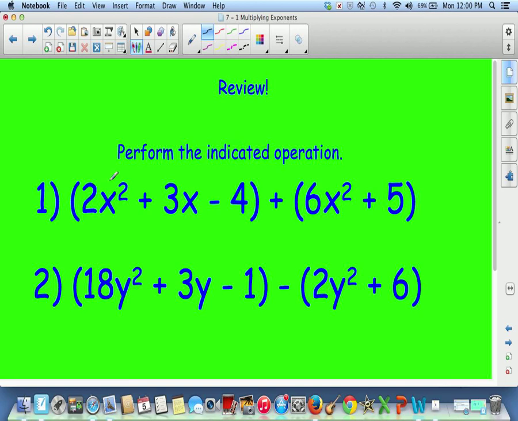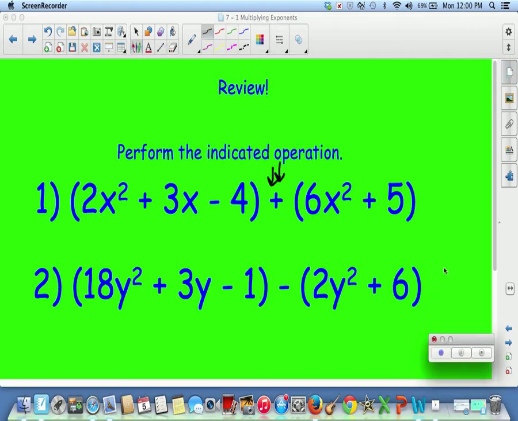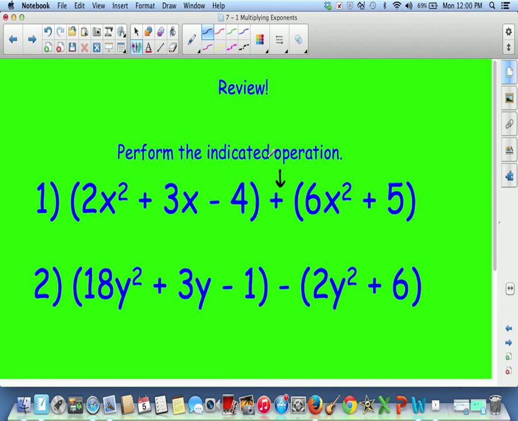You want to combine like terms here. So in this case, we're going to add and combine like terms. So my x squareds I'm going to put together.